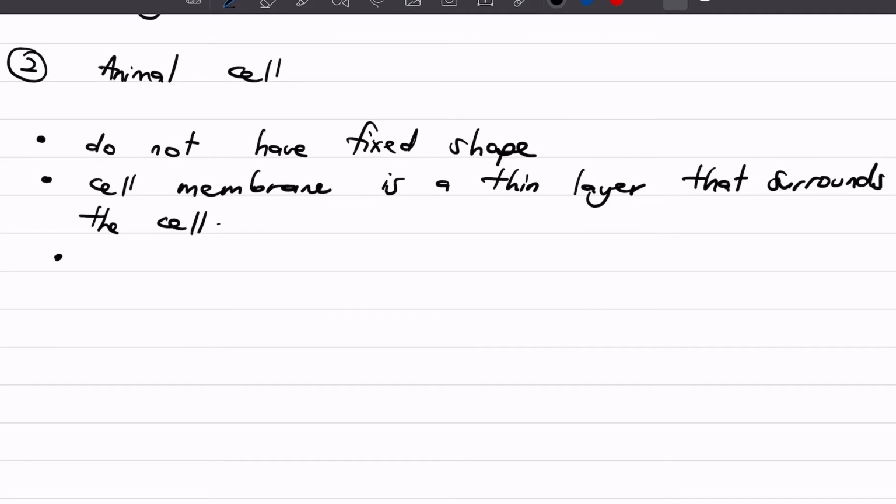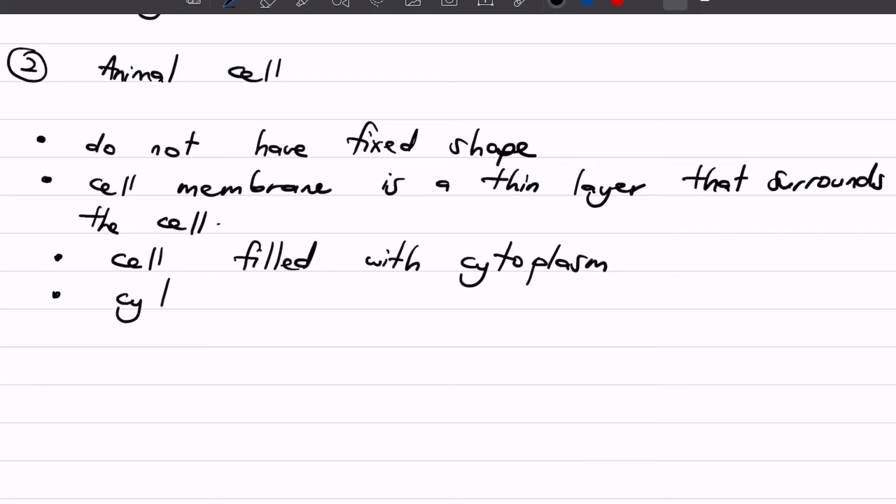And the cell itself is filled with cytoplasm, a jelly-like substance which is called cytoplasm. And in the cytoplasm, there is a nucleus.